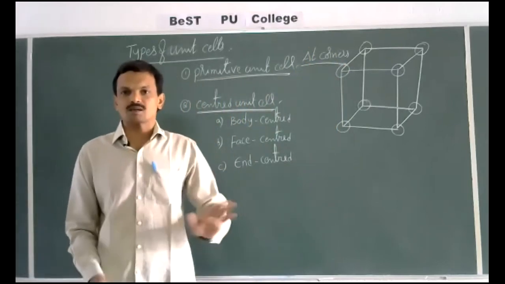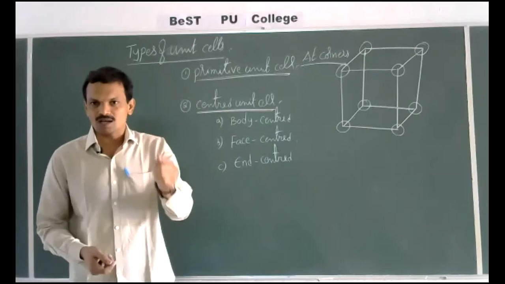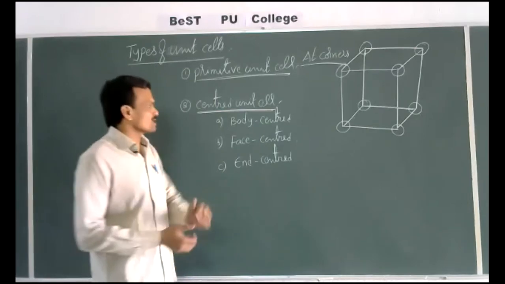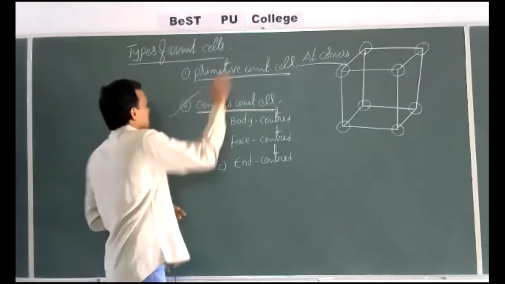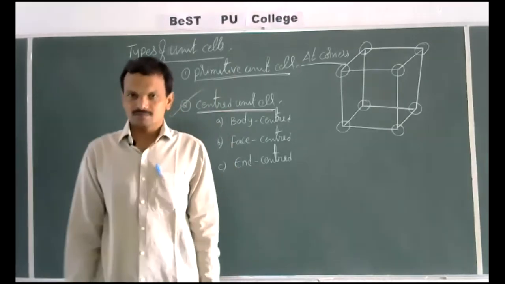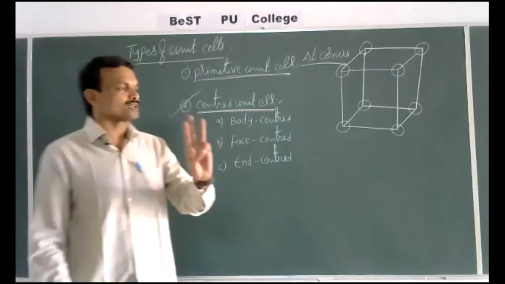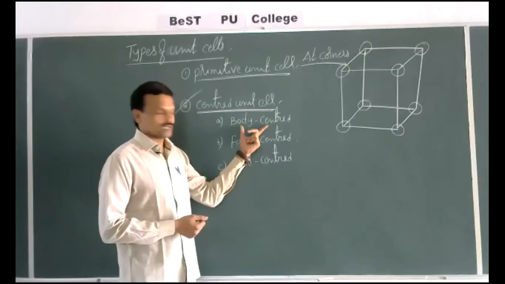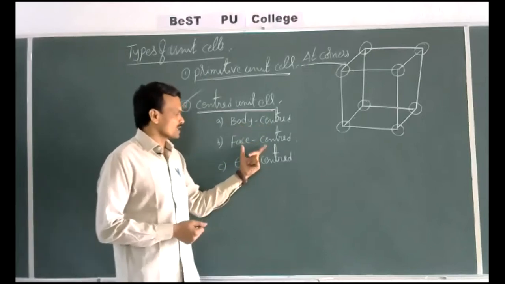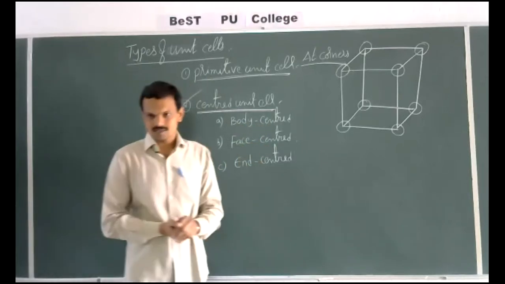Corner particles are compulsory. In addition to corner particles, if the particles are present at any other positions, then they are called centered unit cells. There are 3 types of centered unit cells: body centered unit cell, face centered unit cell, and end centered unit cell.